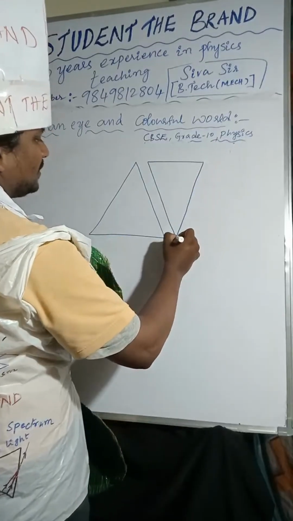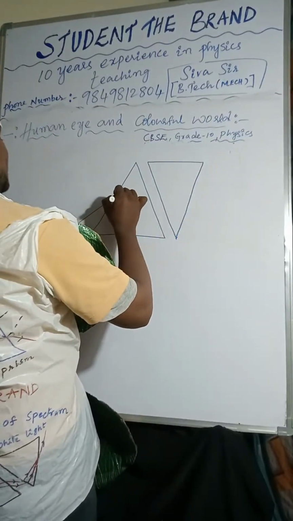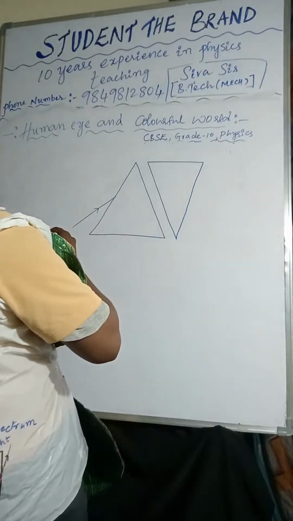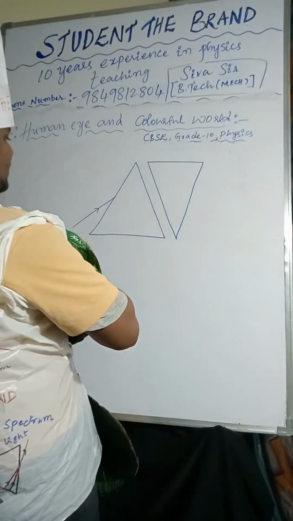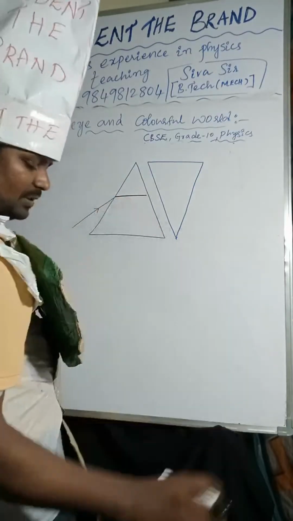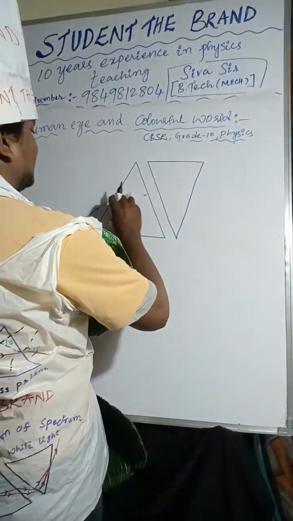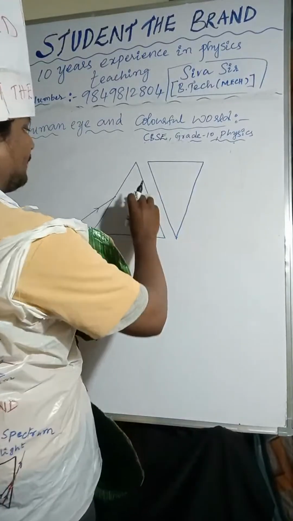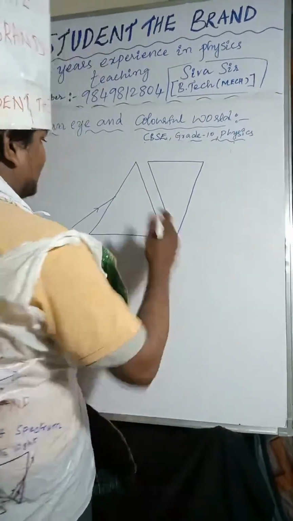So this is the incident light ray, it's split into 7 colors. Here I am drawing red and violet only, exactly it won't be like this, there will be some distance below.